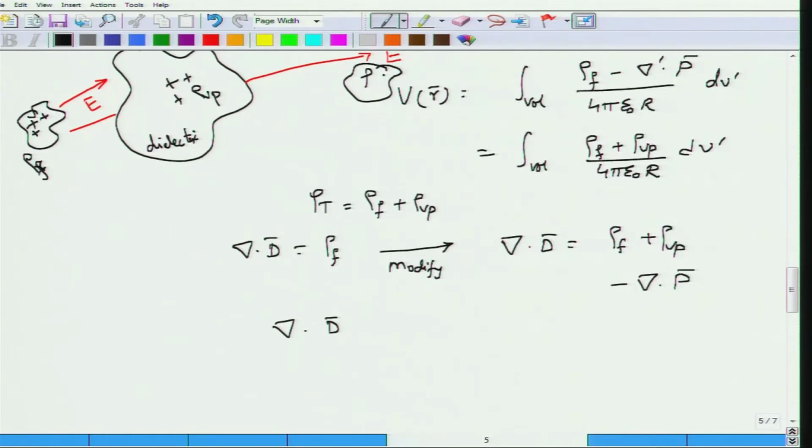sorry, I actually made a small mistake here. Del dot D is equal to rho F is correct. However, the field that I have is actually because of, see, this del dot D equal to rho F actually becomes del dot epsilon 0 E, because I am assuming that outside of the dielectric this D field is epsilon 0 times E, correct. That is the field outside the dielectric.